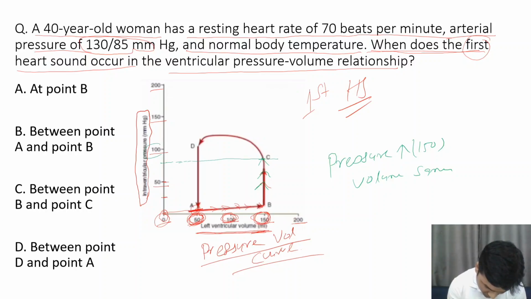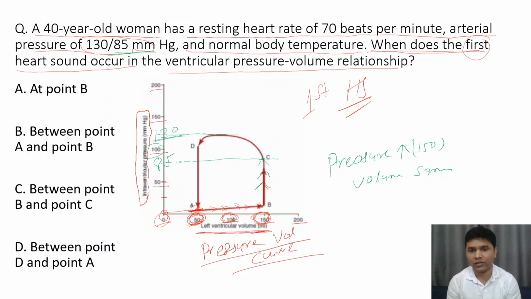This is 85, because here it is mentioned 85 and 130. So suppose this is 130, and this is 85. So the highest point is 130 and the lowest is 85.